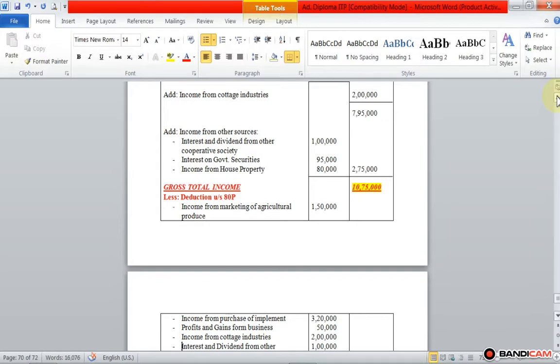So these cooperative societies do not get a deduction of rupees 50,000 from business income. So this deduction is allowed only for other cooperative societies who earn income from business activities. So here 50,000 deduction is allowed. Got it?